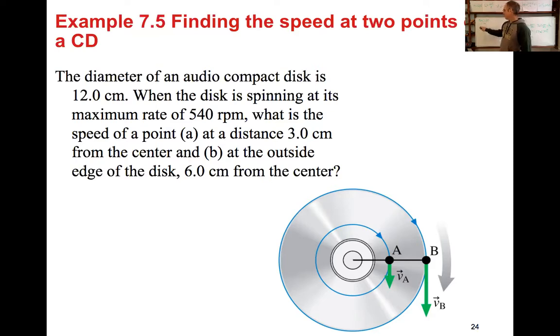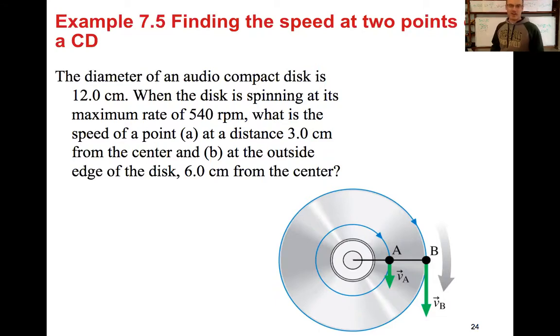Circles, and I can do circles. So we have point A and then point B. It's rotating this way. It's probably playing some songs. The first position is 3 centimeters out, and then the second position is 6 centimeters out.